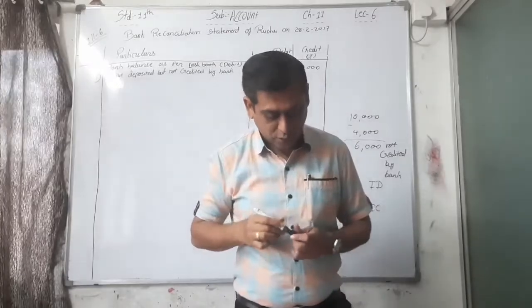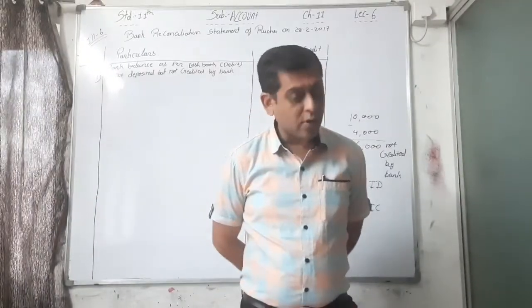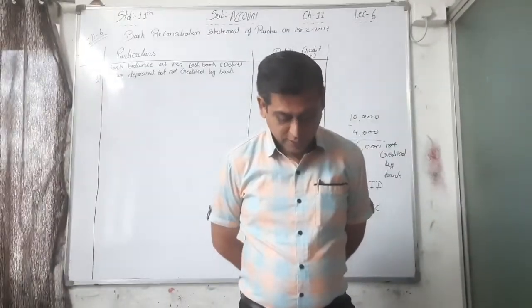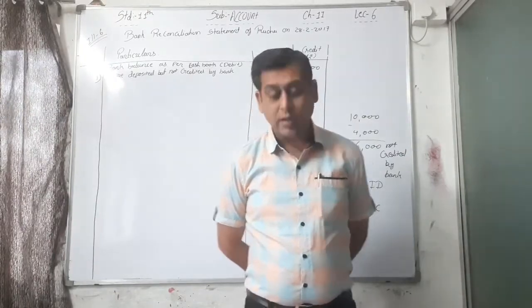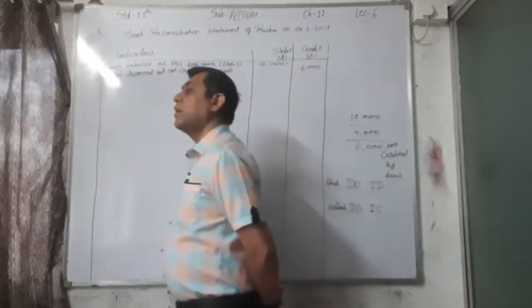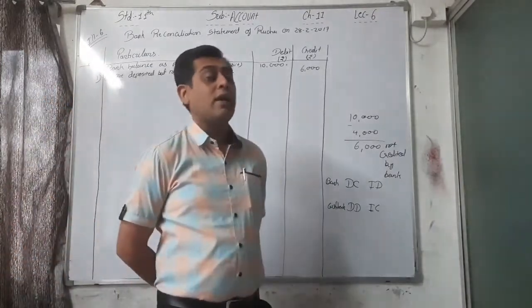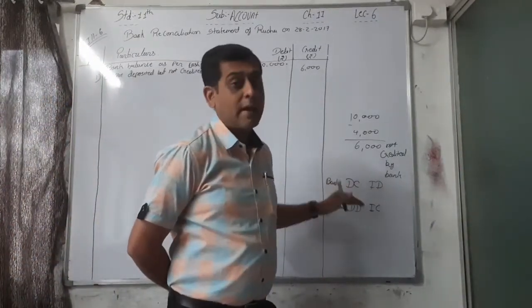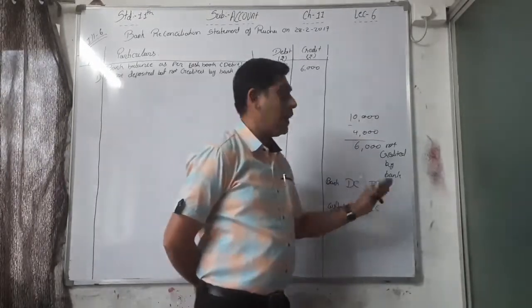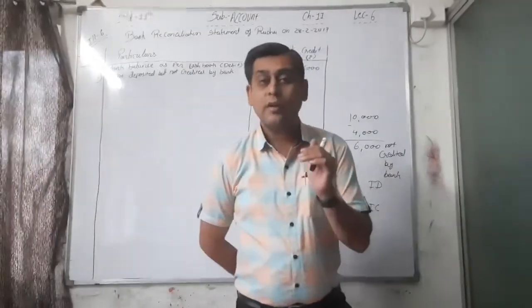Second, a cheque of rupees 4,000 was issued and recorded in the cash book, but it was forgotten to be given to the creditor. Again, cheque issued but not presented, recorded in the cash book but not recorded in the bank passbook. So ID, issued debit.